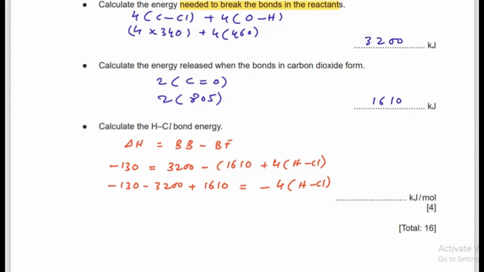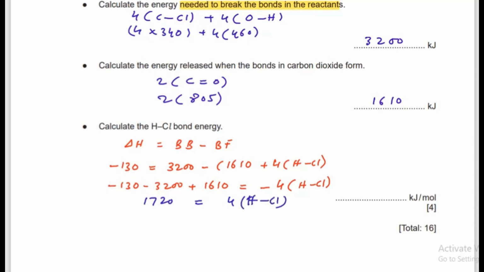So if we add these numbers, like minus 130 minus 3220, because we have shifted 3200 and 1610 to the left hand side, we will get 1720 and the 4 H-Cl.